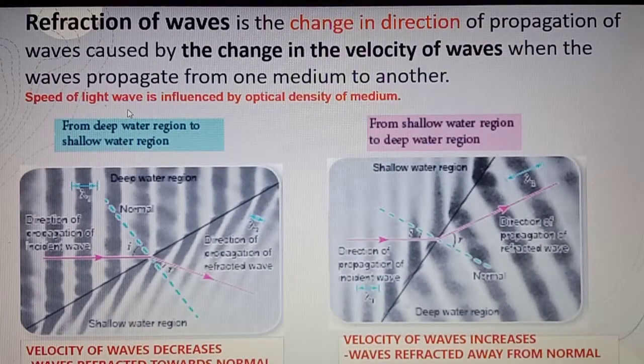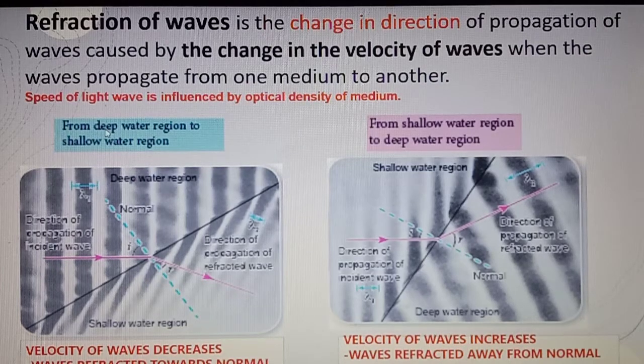Okay, let's look at the definition. What is the meaning of refraction of waves? The key point here is the change in direction. Refraction is the change in the direction of propagation of waves caused by the change in the velocity of waves when waves propagate from one medium to another. If we talk about light, the speed of light is influenced by the optical density of the medium.